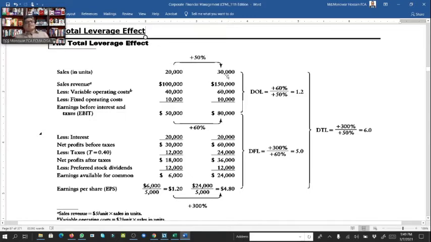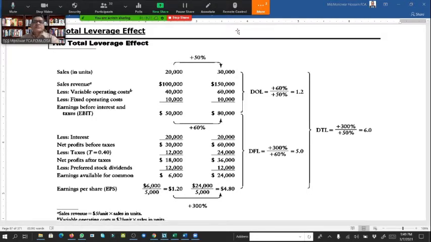So what would be the sales revenue? At the level of 20,000 units sold, revenue would be $1 lakh, because the selling price per unit is $5. In the same way, $5 multiplied by 30,000, then we will get 1,50,000. It is the sales revenue.